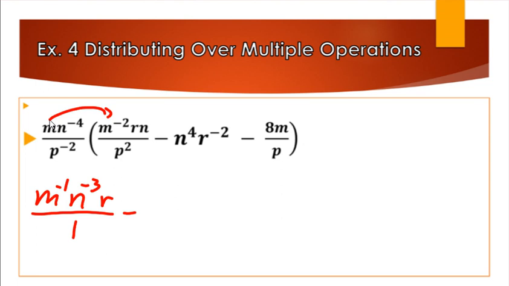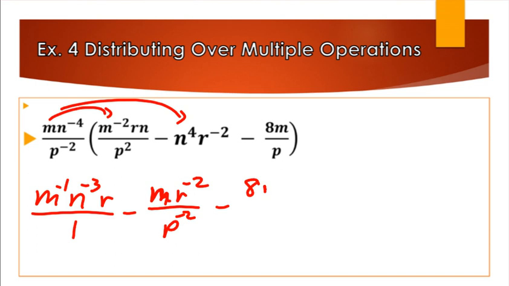Then we have m, n, the n's will cancel out. And we have r to the negative second, all over p to the negative second, minus 8m squared n to the negative fourth over p to the negative first.